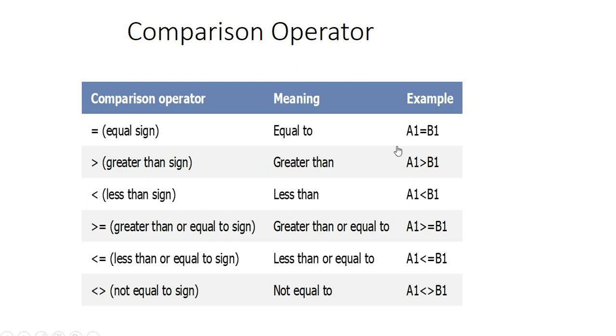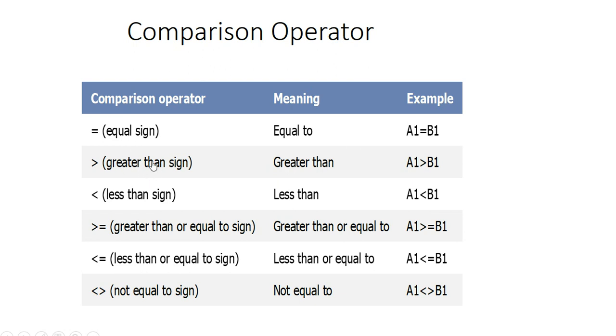It's more like I'm asking, is A1 equal to B1? Then Excel responds by saying yes, it's true that A1 is equal to B1. Otherwise, it may say it's false that A1 is equal to B1.